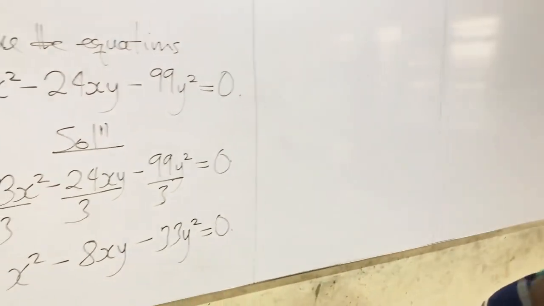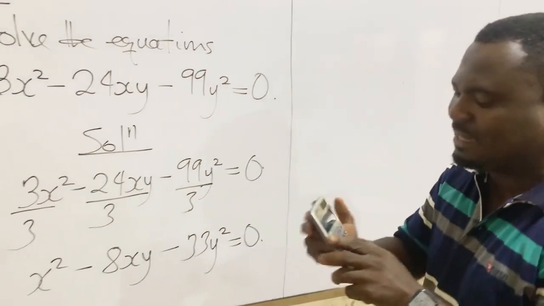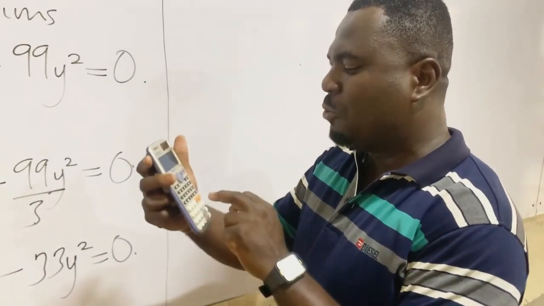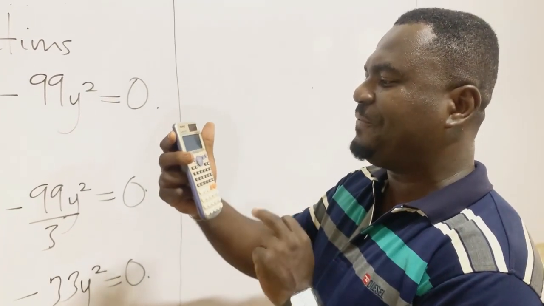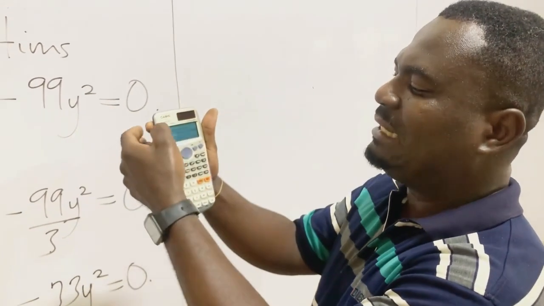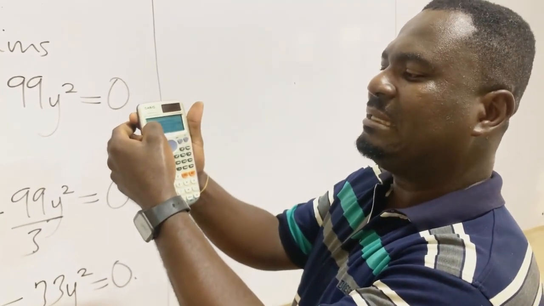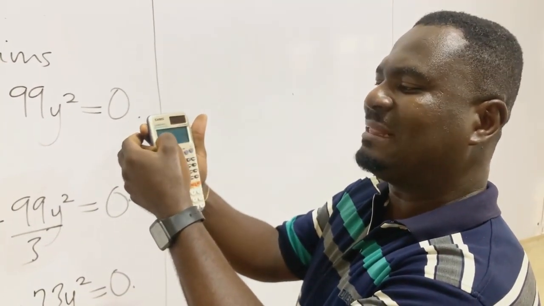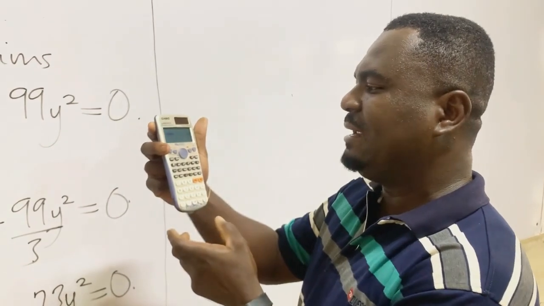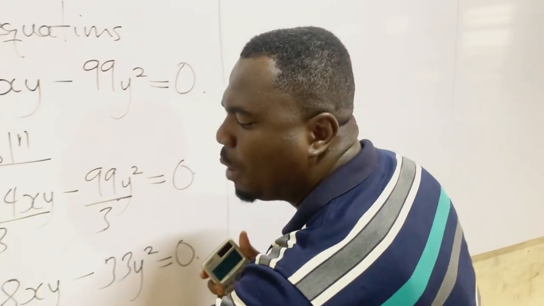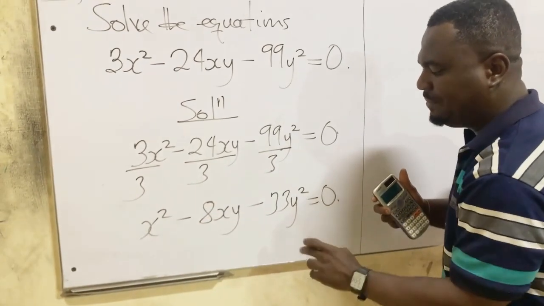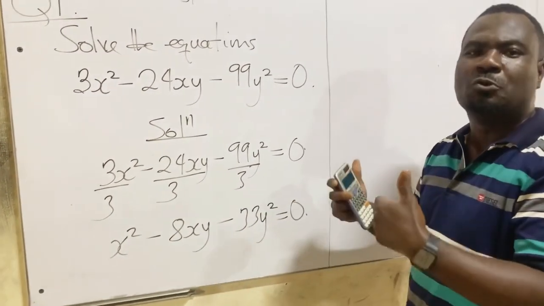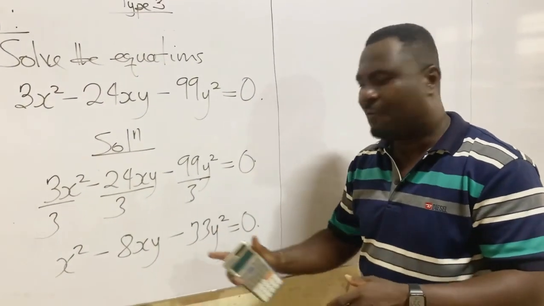So I will take my calculator, go straight to mode, then punch 5, because quadratic equation is at number 3. Then I will punch my 3 here, then I will start putting in the coefficients of the first term, the middle term, and the last term to produce the magic numbers for me.